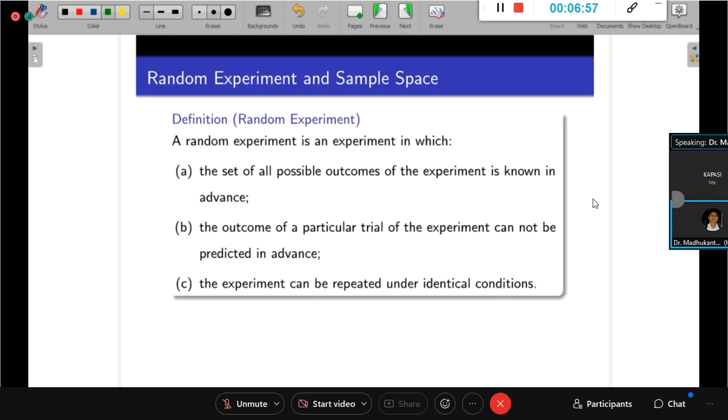The first statement says that the set of all possible outcomes of the experiment is known in advance. So you know what the possible outcomes are, not which one will occur. Among them anyone can come, so there is randomness when you perform that experiment.